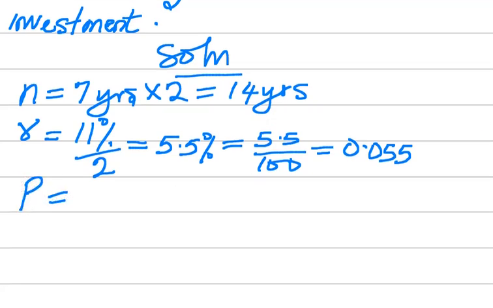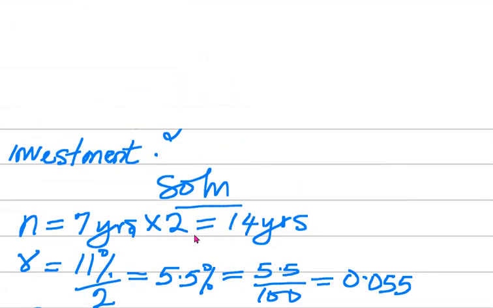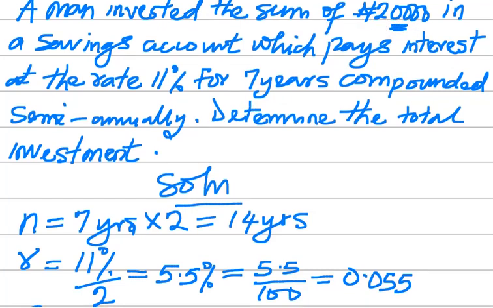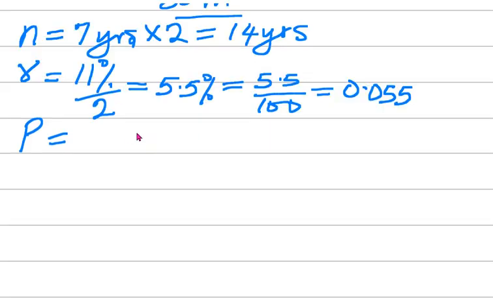When you scroll up, you check the amount invested by this man. A man invested the sum of 20,000. So this 20,000 is the P. So P is 20,000. At this point, we can now use the formula.